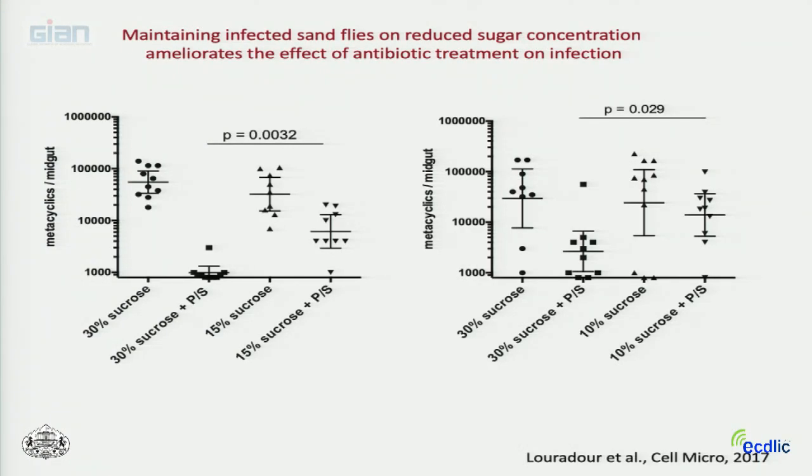They permitted better development of metacyclics. And here's 10% sucrose. Even fewer, the majority of flies died, but the ones that survived, at least those we could find in antibiotic-treated flies, supported metacyclic development better.